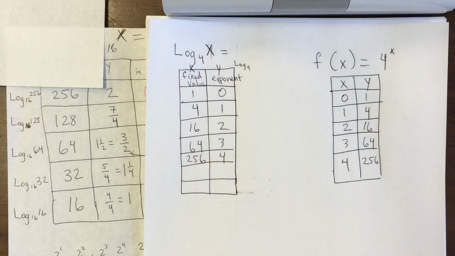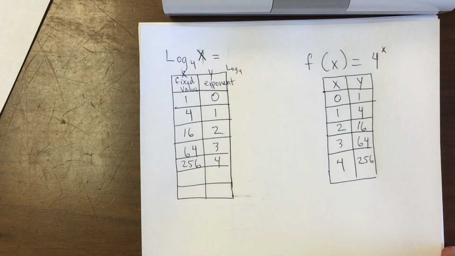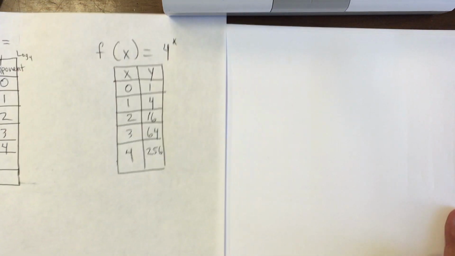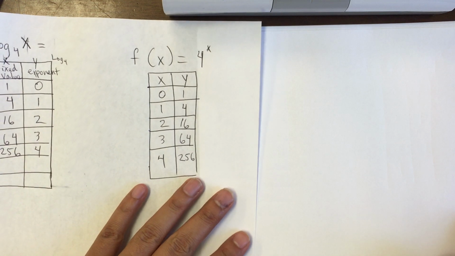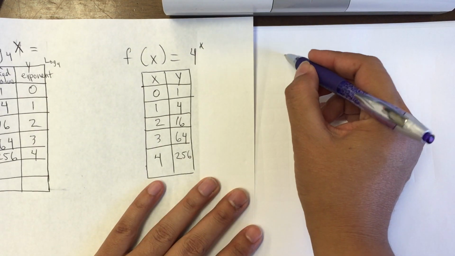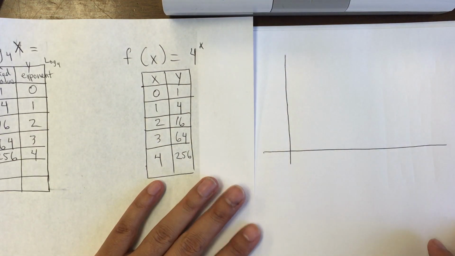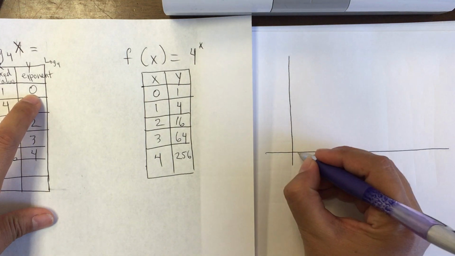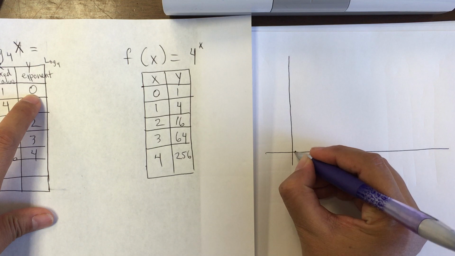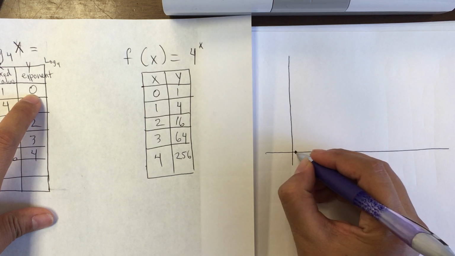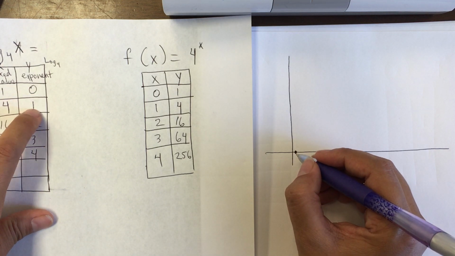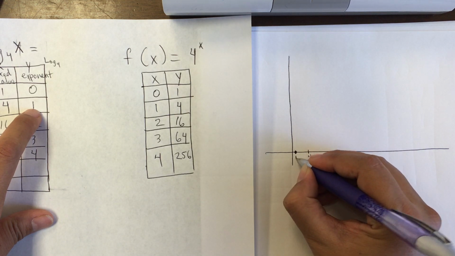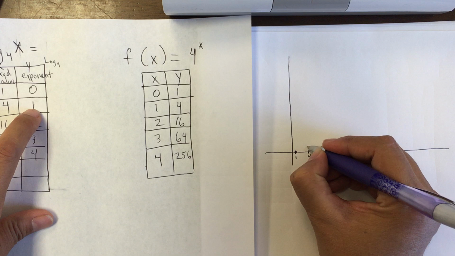Okay, I'm not going to graph all of that all the way, but let's see. So if I have my graph like this, I have 1, 0. So 1 on x, 0 on y. 4 on x, 1 on y.